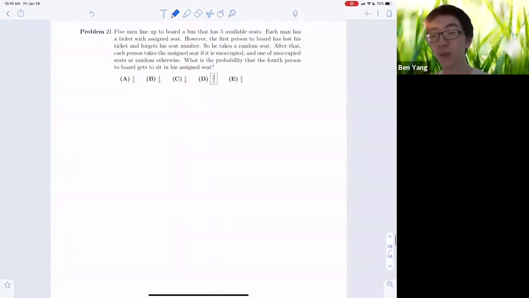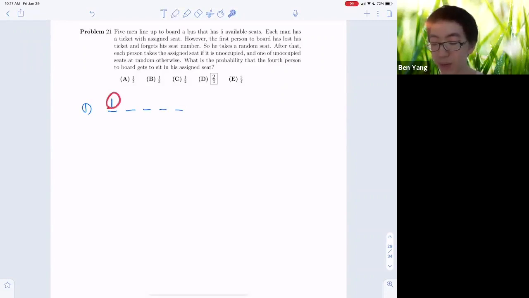So for this question, we can do casework based on what seat the first person is going to take. So the easiest case, the first person just takes seat number 1. So 5 seats there, and the first person takes seat number 1.